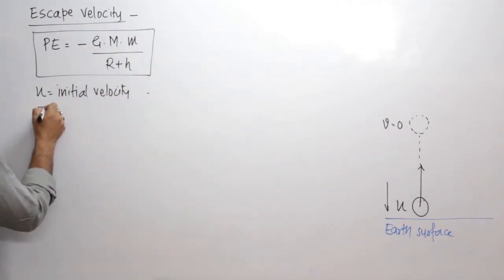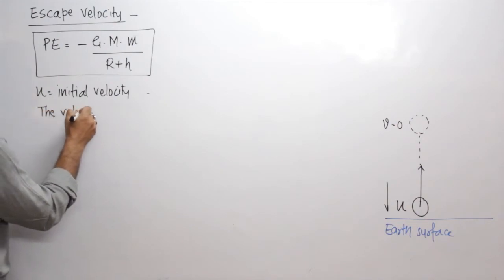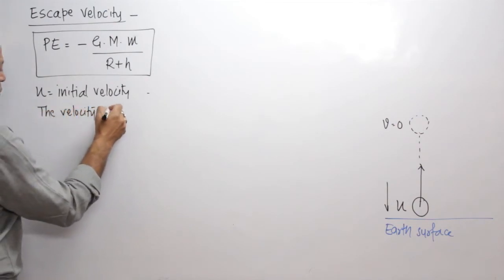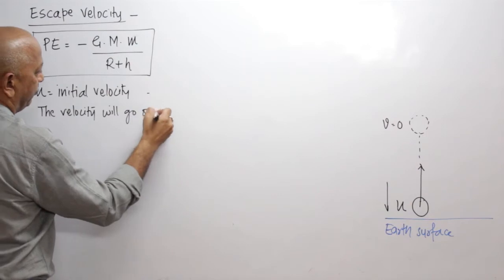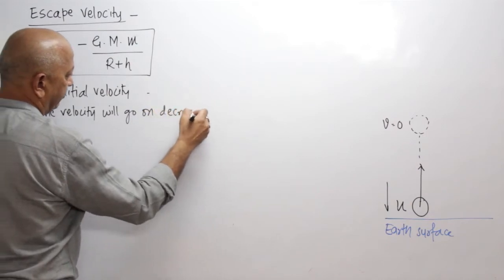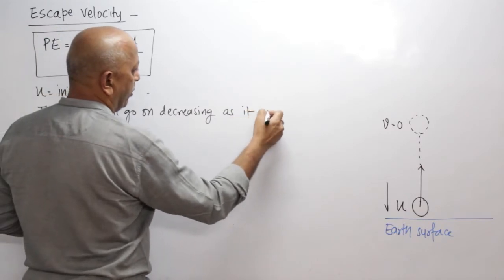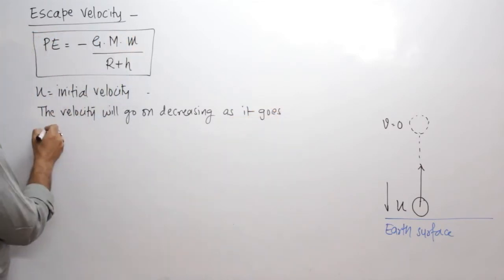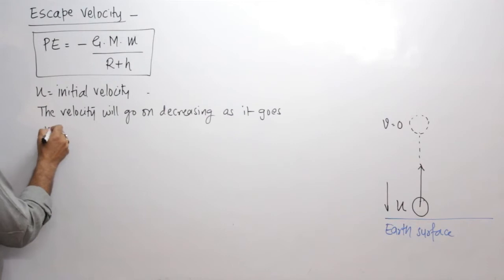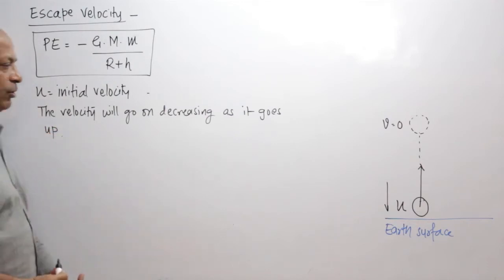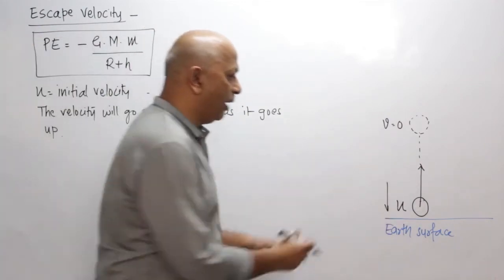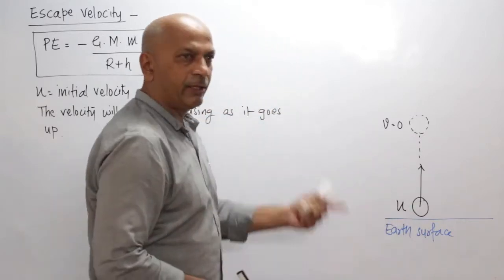Then we can write down the velocity will go on decreasing as it goes up. As it goes up, its velocity u goes on decreasing.